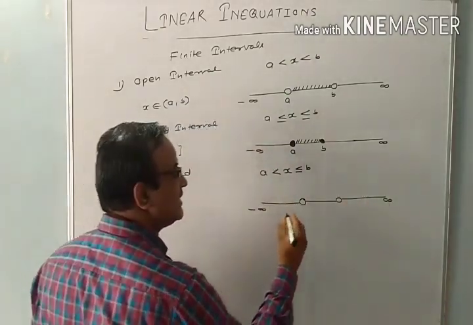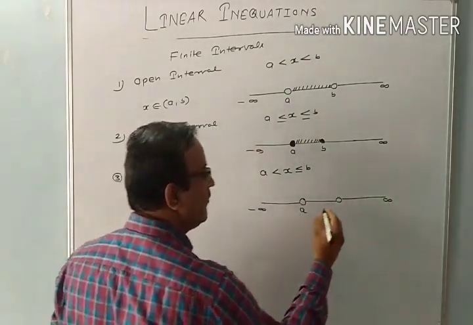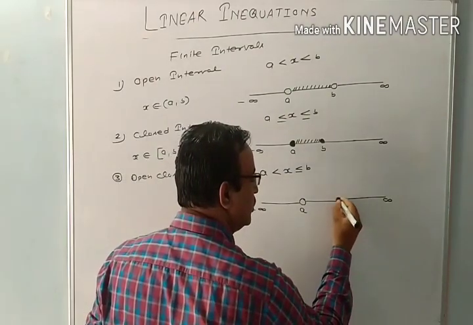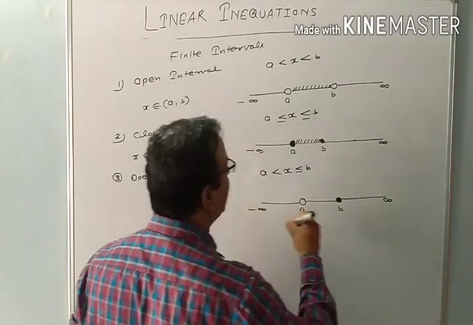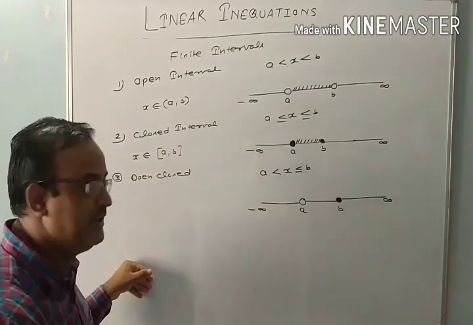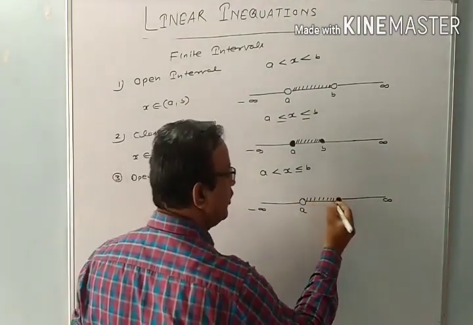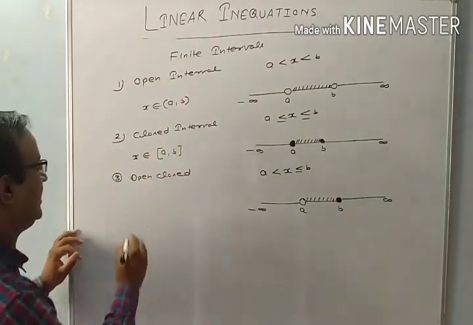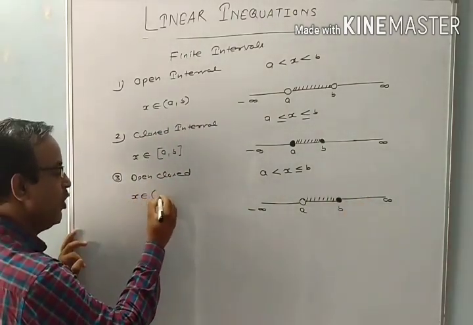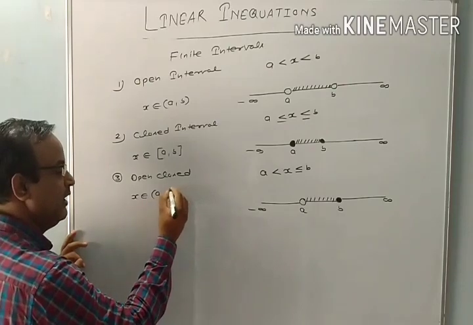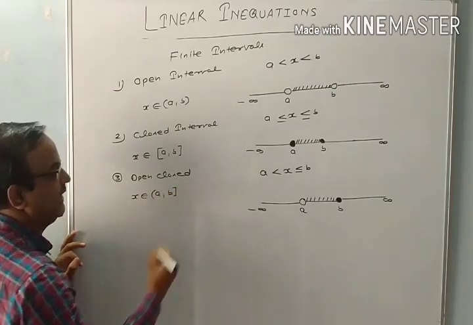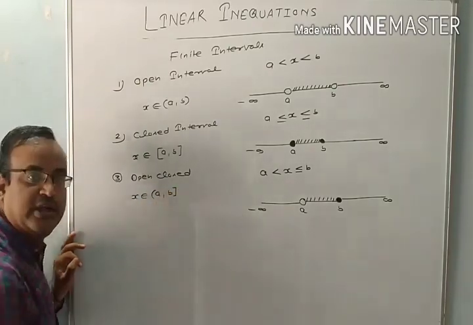The value of x is not equal to a and the value of x is equal to b. That means now we are including b only, not a. That means the value of x lies between a and b, including b, and we represent it x belongs to open bracket and close bracket. That means it is open closed interval.